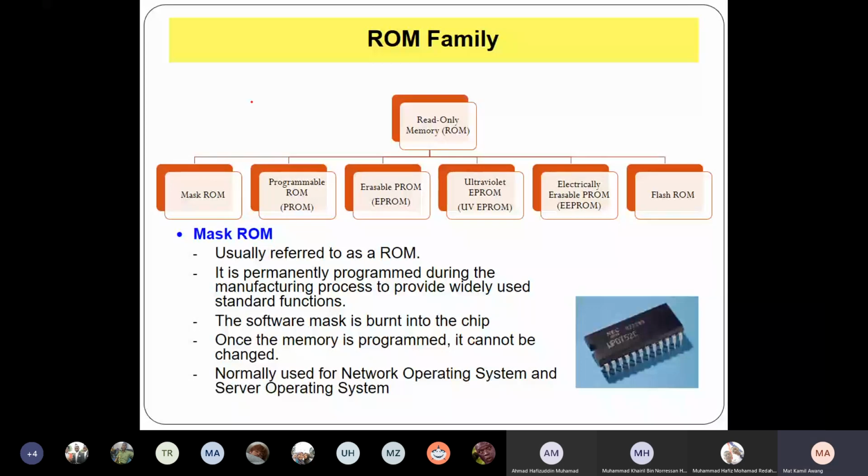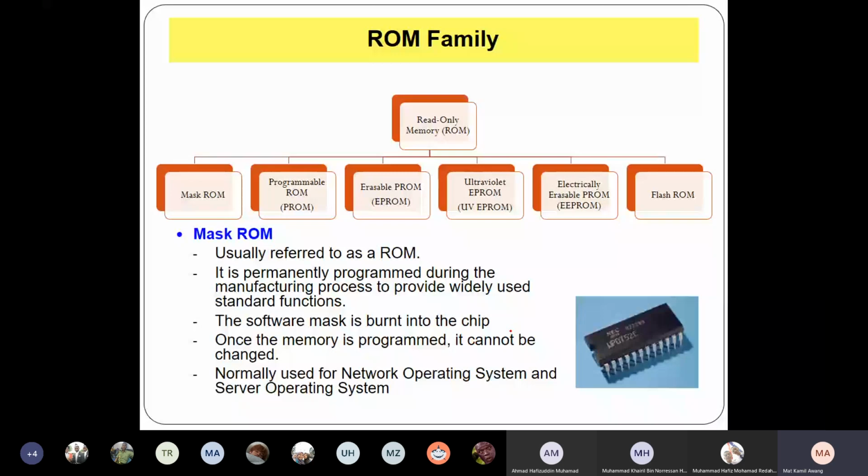What is a mask ROM? Usually we only refer to ROM for the mask ROM. This is the basic one. It is permanently programmed during the manufacturing process to provide widely used standard functions. The software mask is burnt into the chip. Basically, it's burnt into here. So this is an example of the ROM IC, ROM chip.